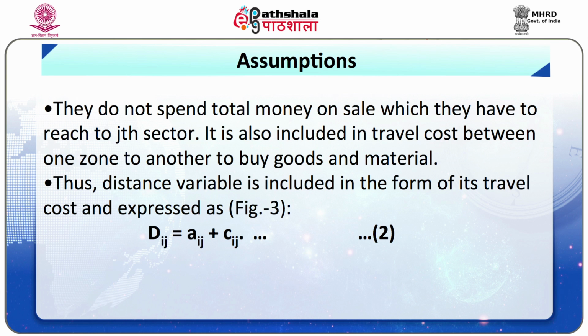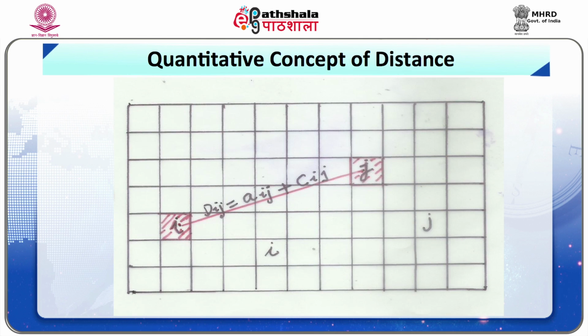It is also included in travel cost between one zone to another to buy goods and material. Thus, the distance variable is included in the form of its travel cost and expressed as Dij is equal to Aij plus Cij. This is equation 2. Figure 3 shows the quantitative concept of distance.